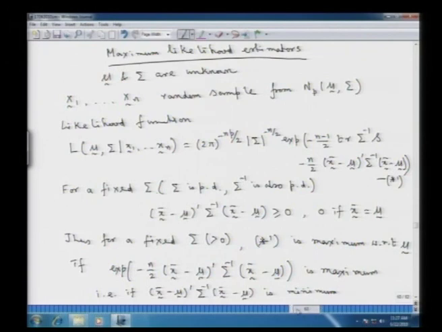So, what we can thus say is that mu hat equal to x bar would maximize this star 1 likelihood with respect to this mean vector mu for a fixed sigma matrix.